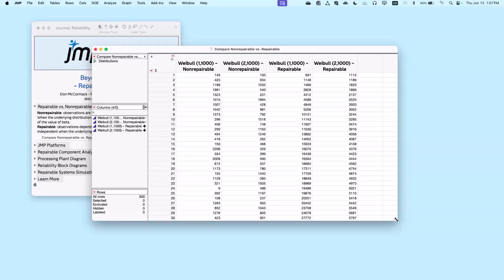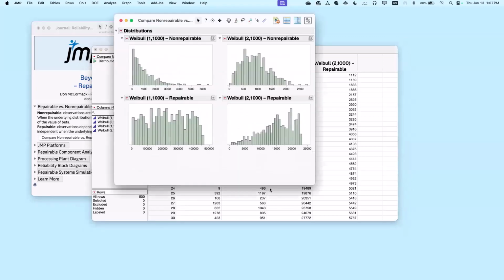Now, if I were to generate observations from those distributions and then just use the Distribution platform, this is what they would look like. So here's my beta of 1 for my non-repairable systems. It does not look flat, does not look uniform, which is what you would expect when you have this memoryless process, when my arrival times are occurring independently. Same thing with the Weibull distribution with beta of 2.